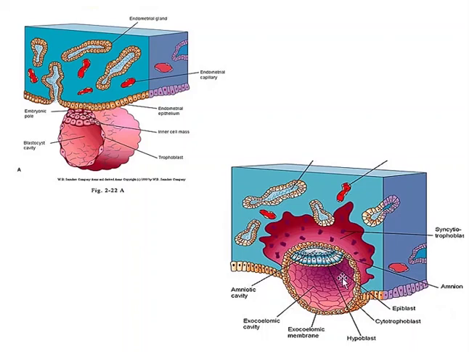We can see here in this figure also the blastocyst, and here we have the epiblast and amniotic cavity, and here we have the hypoblast, and here the extraembryonic or exocoelomic membrane, and here we can see small layers that form the amnioblast. Also here the syncytial trophoblast and the cytotrophoblast.